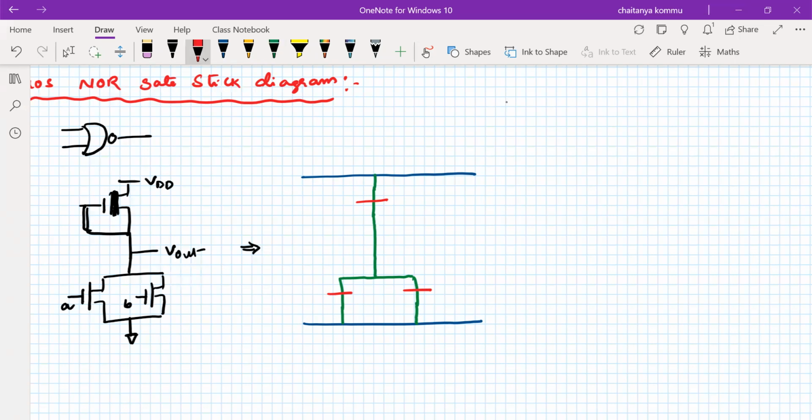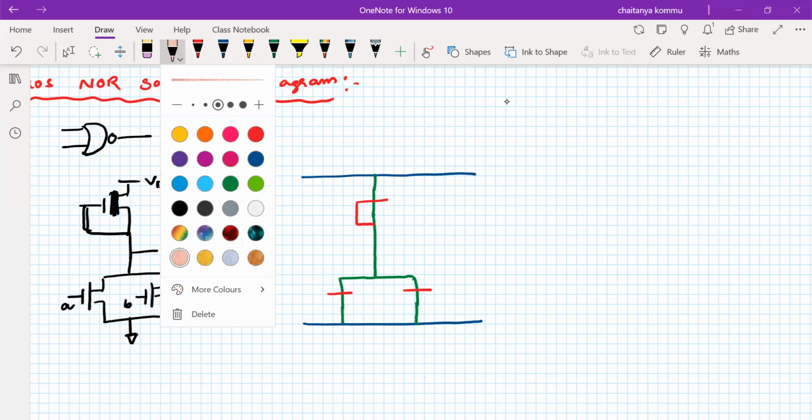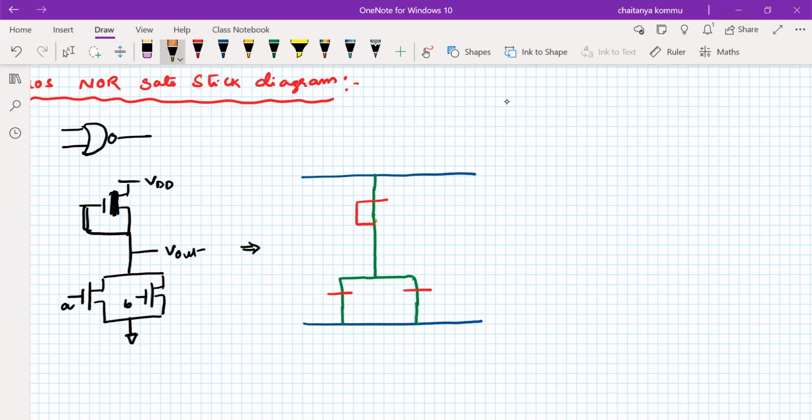Now another connection is that polysilicon must be connected here, and we have to provide a buried contact over there. I have to provide the buried contact in this particular place. Brown color I have to use, and black color for this one, this one, and this one.